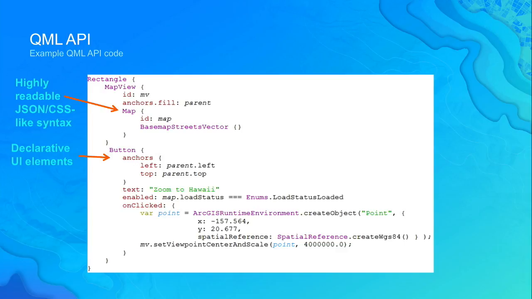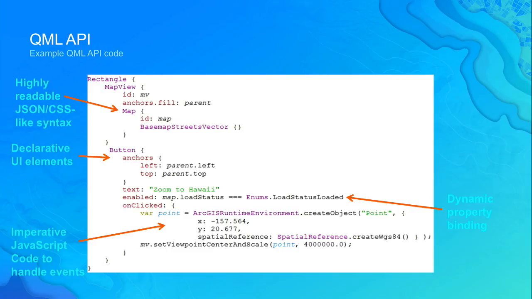You can declare these different UI elements that are coming from the Qt framework, like this button, and handle what they call signal handlers. And when you're actually within the scope of these signal handlers, you're coding up imperative JavaScript code. Because again, QML is just based on a JavaScript engine.